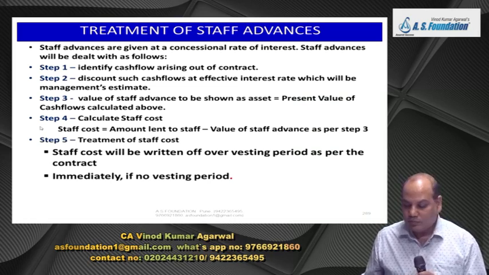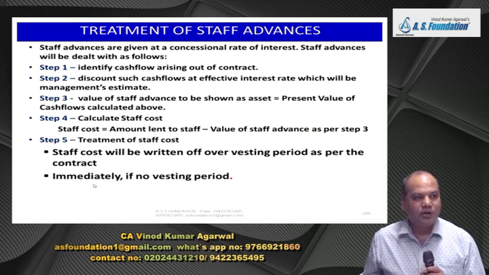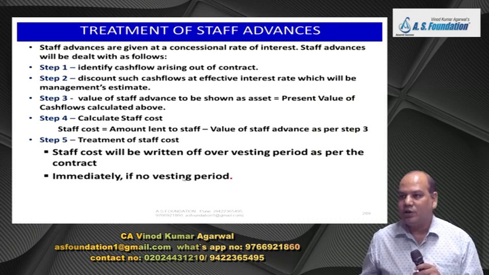Is it right? And then the treatment of staff cost will be, you either write it off over the vesting period as per the contract, or you can recognize it immediately if there is no vesting period. That means no further conditions have to be satisfied. You treat it as a cost of that year. First year only you will write it off.